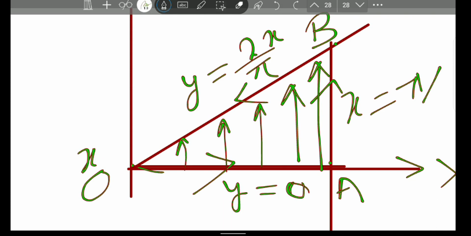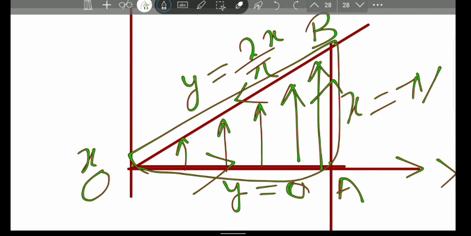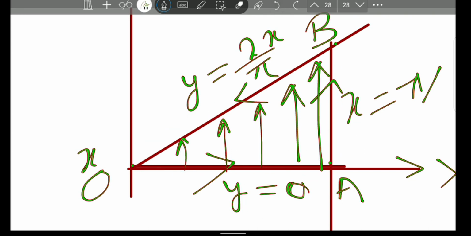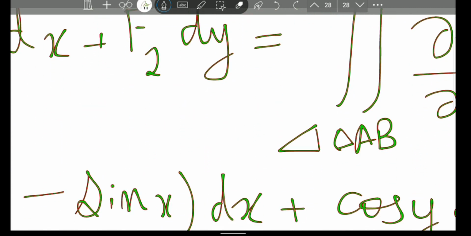Then you will be exactly covering the triangle OAB if you change y from y equal to 0 to y equal to 2x by pi, and x from x equal to 0 to x equal to pi by 2. That will cover the region formed by triangle OAB. So let's write it down.